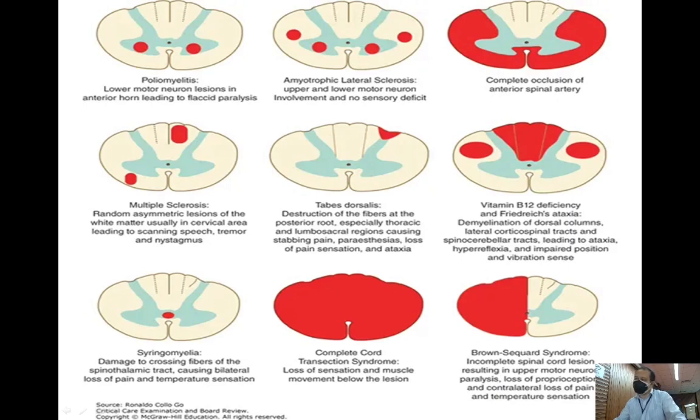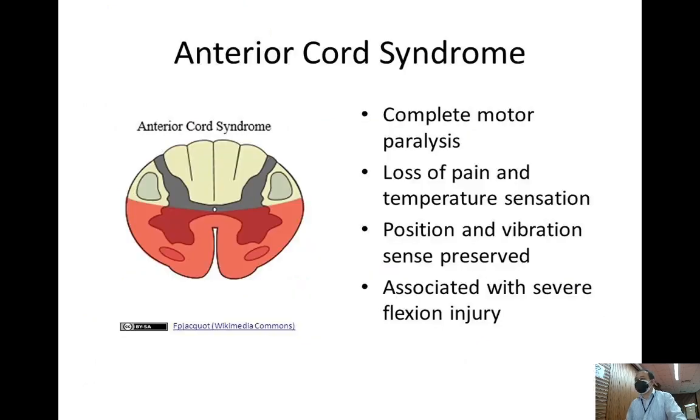We have to see Brown-Séquard Syndrome in a detailed manner, because it's an often asked question and something that we must know.